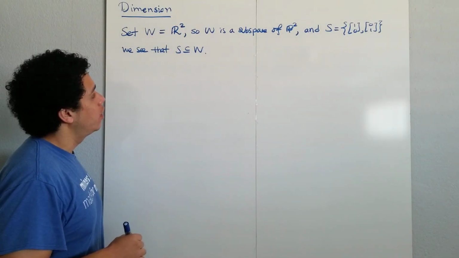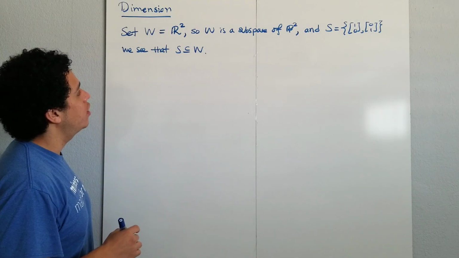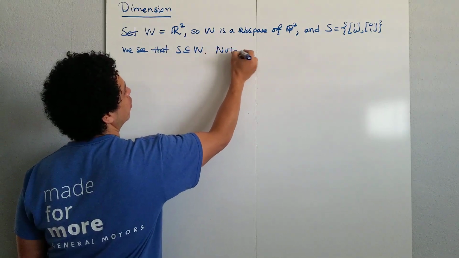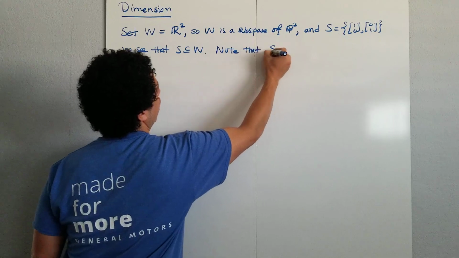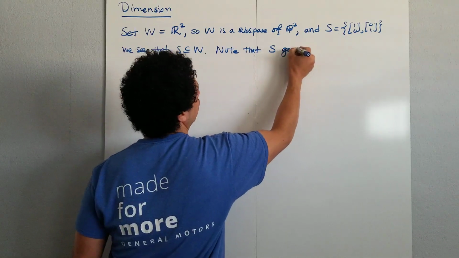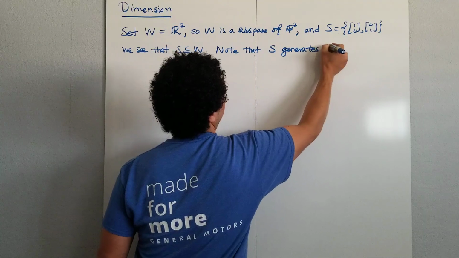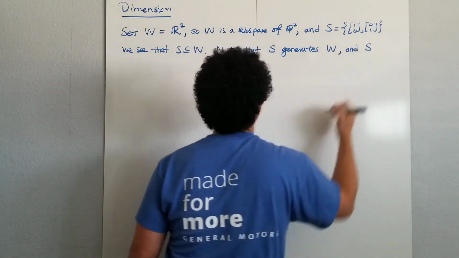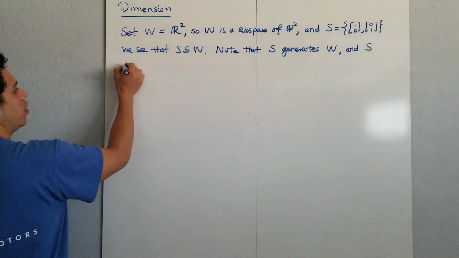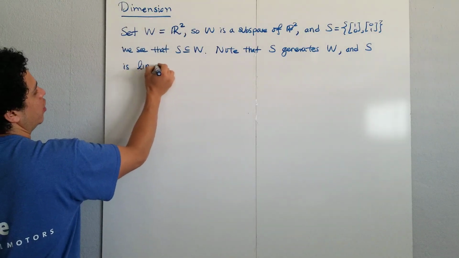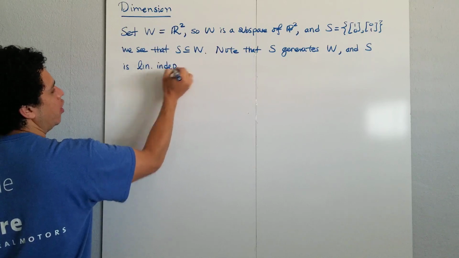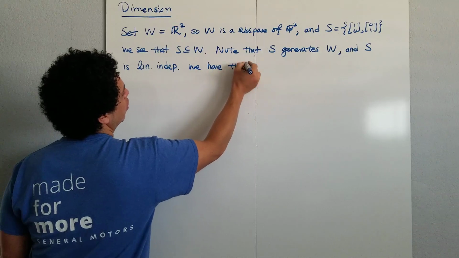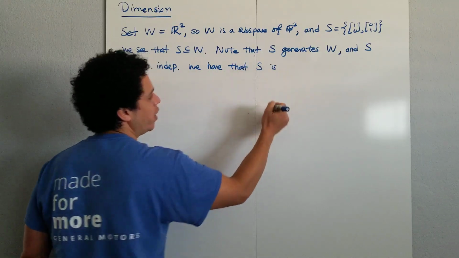So now what we have here is that S, note that S generates W, first thing, and S is linearly independent. In other words, we have that S is a basis for W.